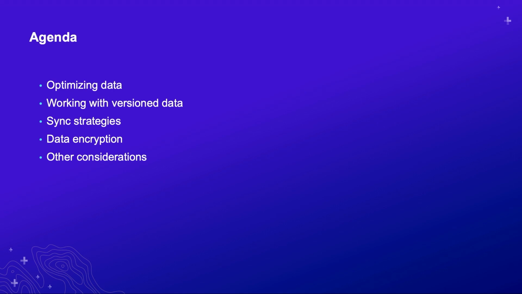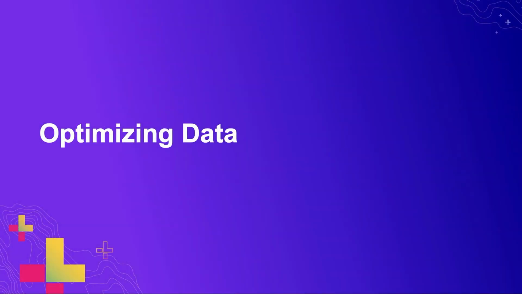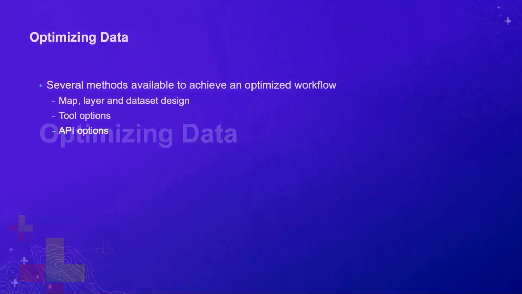We talk about strategies for sync and how it's important to really understand how sync works and the direction that you perform syncs in. And then we finish off with a little bit of information on data encryption and a few other considerations. So let's get right down to it and start talking about data and how you optimize the data for your best experience when working offline.